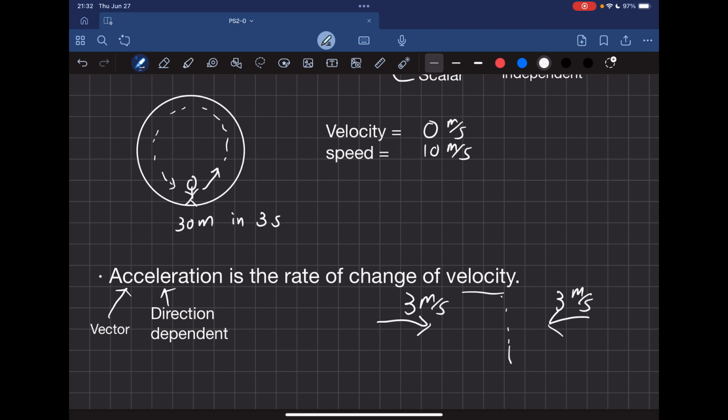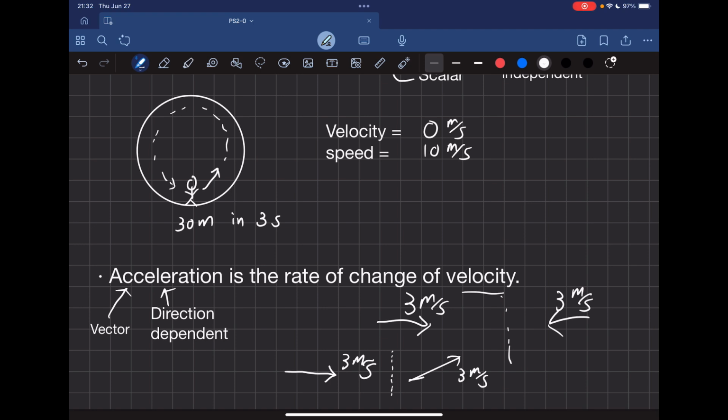That's an obvious case. But a less obvious case would be, let's take this one. Let's say you're going to the right at 3 meters a second. But then at a later point in time, that arrow just bends slightly up. And now you're going at just a slightly different angle at 3 meters a second.